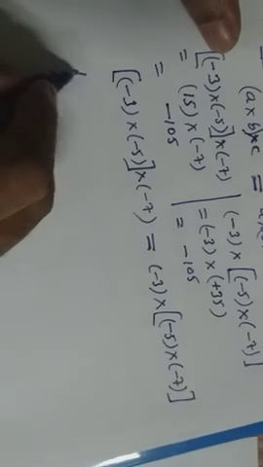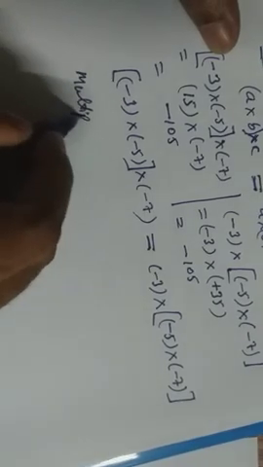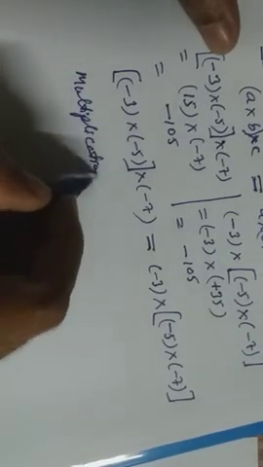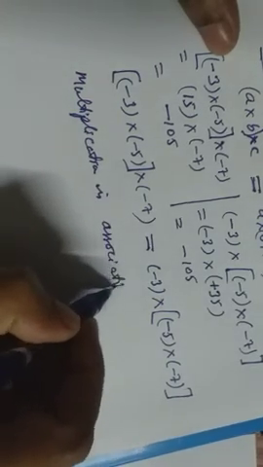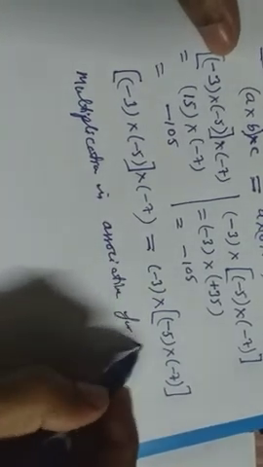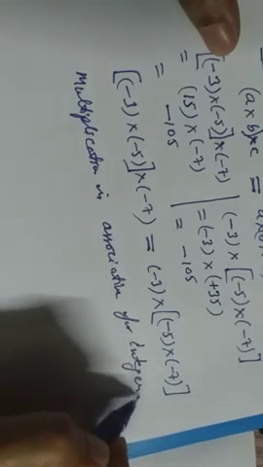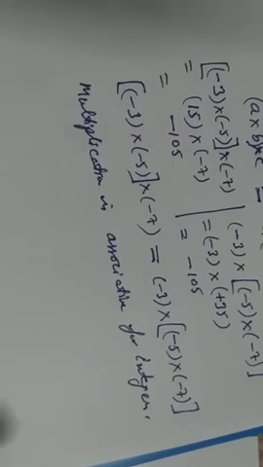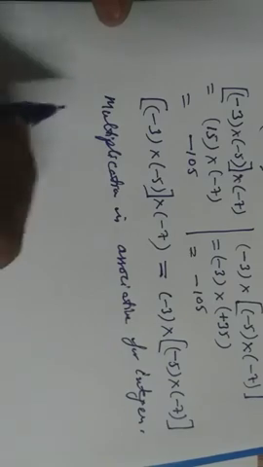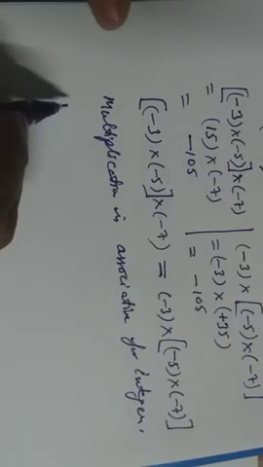That's why it is called multiplication is associative for integers. So this is associative property. That means you can multiply in any order if the number of integers is 3, 4, or more. The result will be the same every time.